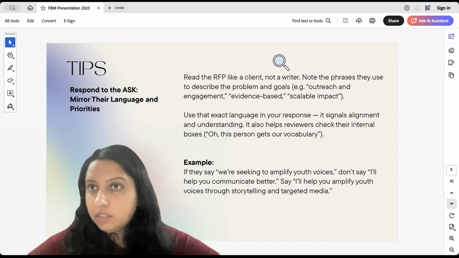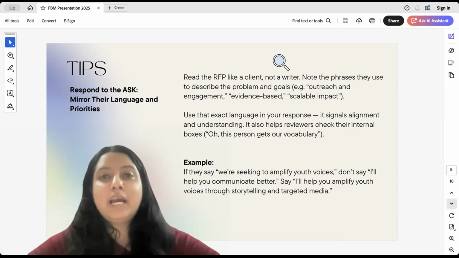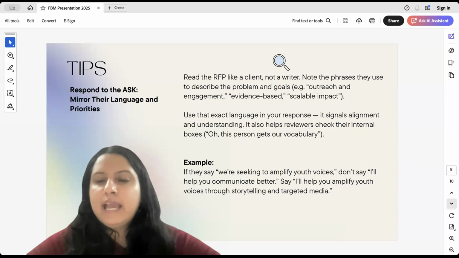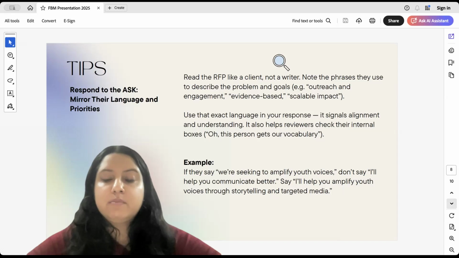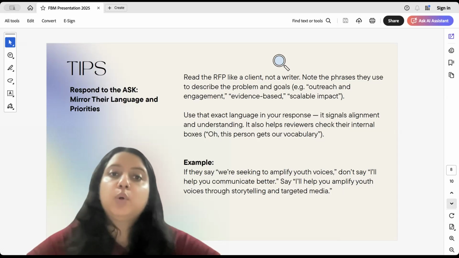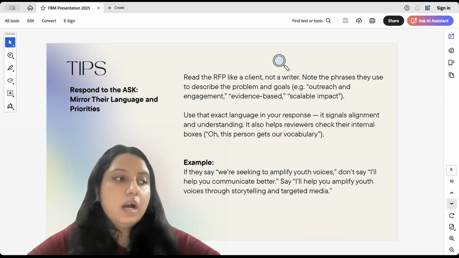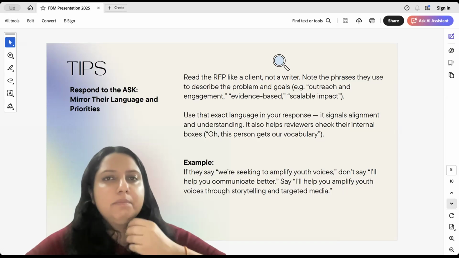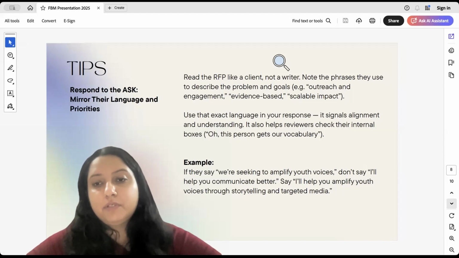If you use different vocabulary, it may sometimes hint to them that you're coming from a different industry or a different job function, and you may not fit in very well with what they require. So you should try as much as possible to learn the vocabulary from these things, and also maybe go the extra mile and research the organization itself, and use that language in your response, and you'll notice the difference. It's a very minuscule thing, but you'll notice the difference.